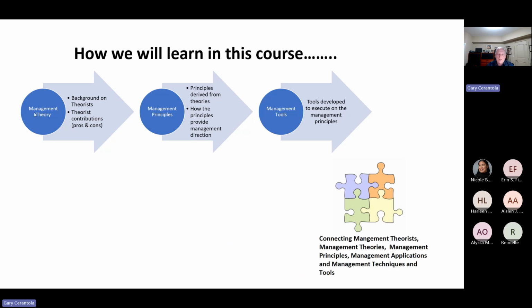We're going from management theory to management principles to management tools, and that's an ongoing process. When we get into this next phase of management requirements with all the technological disruption that's going to go on with AI, machine learning, AI working independently from us, and also all the robotics implications around that as well.